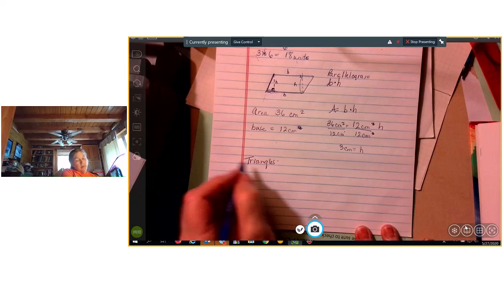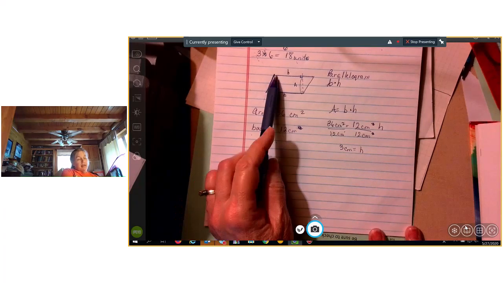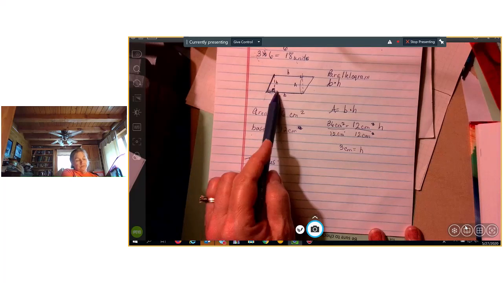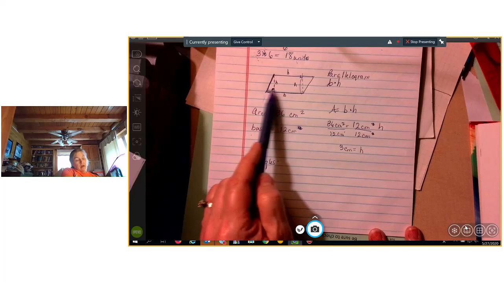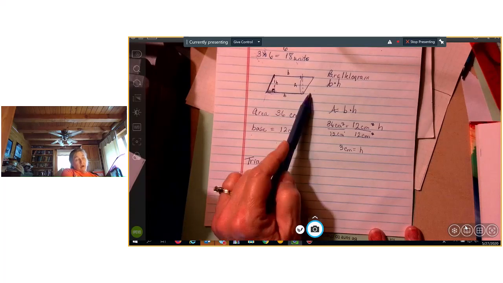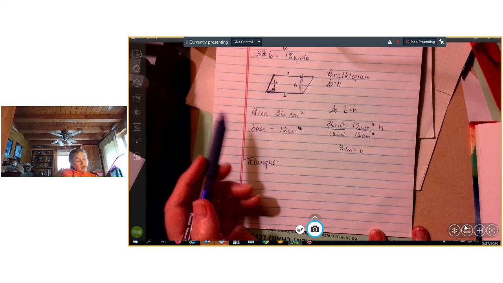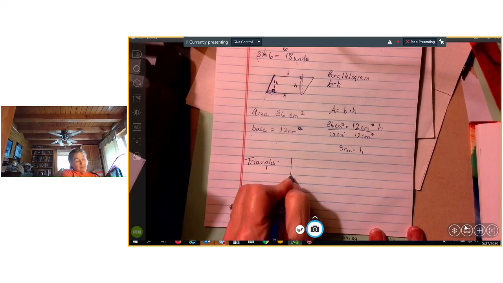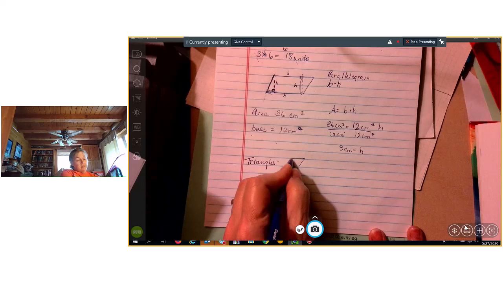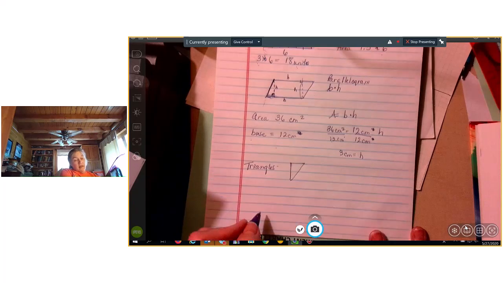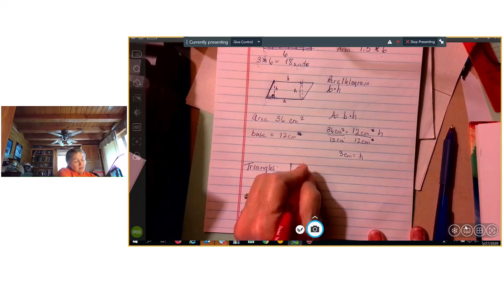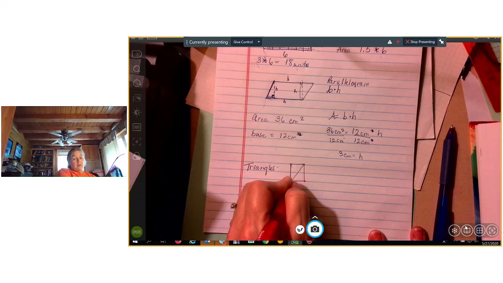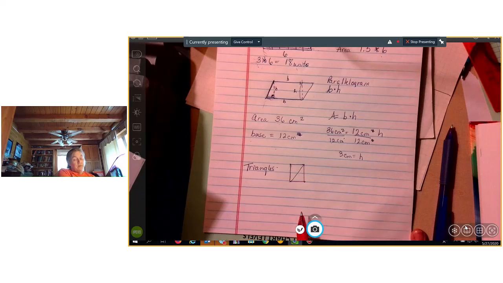Now triangles, just as we showed up here, I could take part of this triangle and part of this parallelogram and move it over to here to form a rectangle. Well, if I had a triangle, let's say, like this, and then I took this same shape and I flipped it, then it's going to give me a total square.